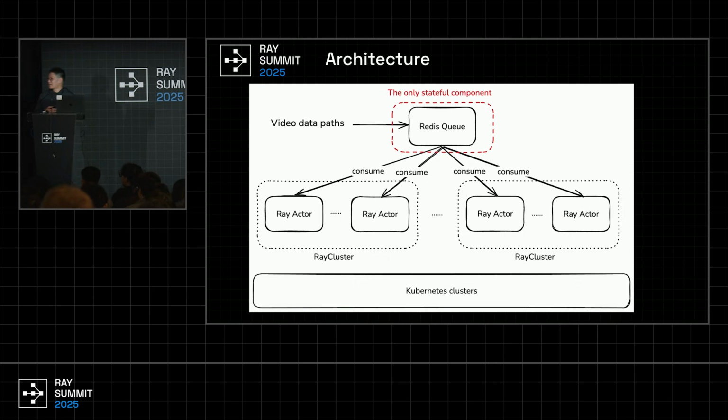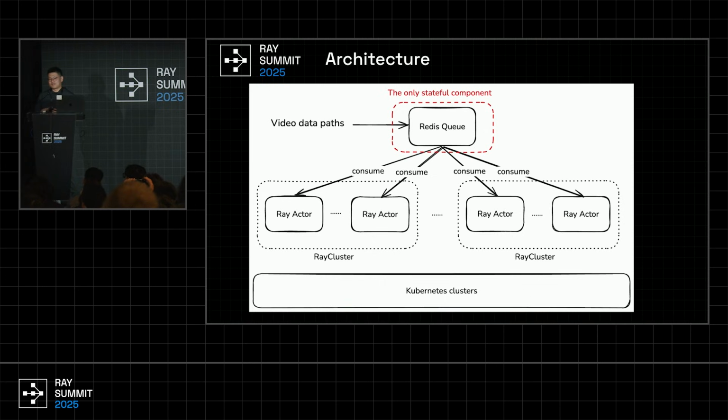On the top we have a Redis queue. The Redis queue is used for us to store some metadata. And then we have a Ray cluster. This Ray cluster will help us to consume the jobs from the Redis queue. And on the bottom are the Kubernetes clusters.